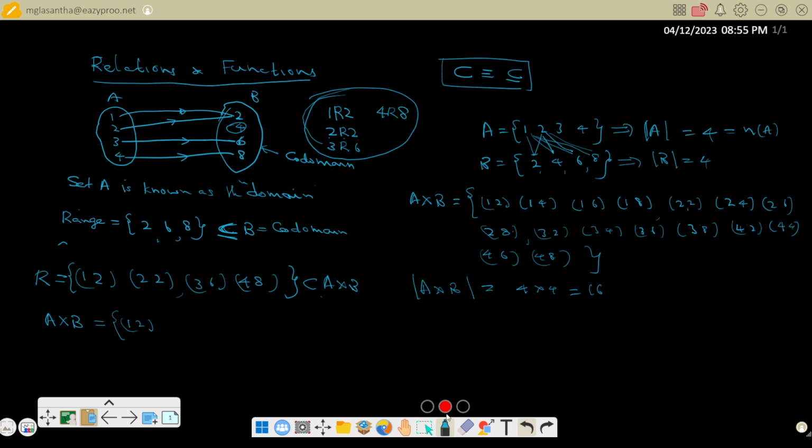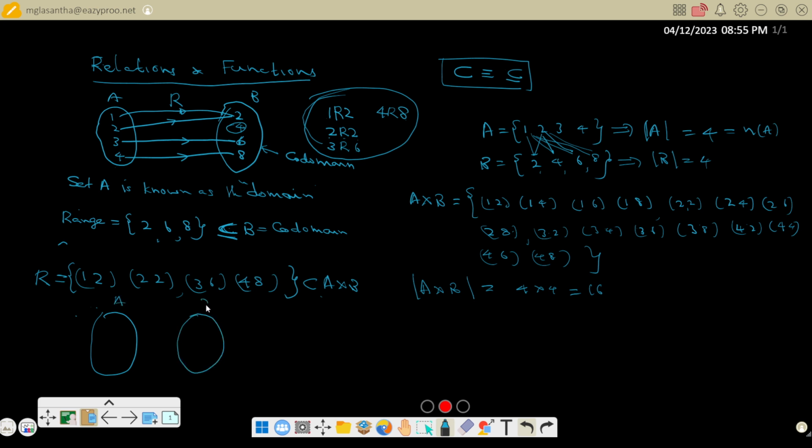So you can define another relation, I will take that one as R1. This relation was denoted by R. Another relation, another two sets.